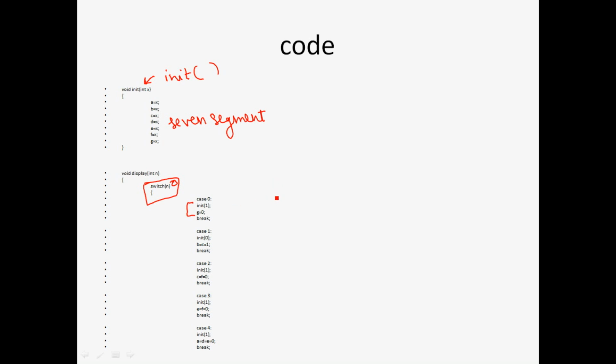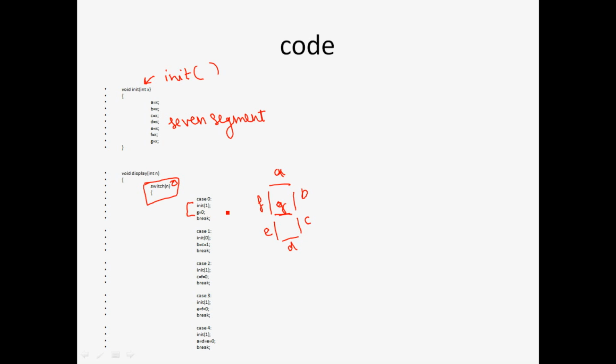So init 1 means, suppose this is a 7 segment LED, A, B, C, D, E, F and G. Init 1 means all of A to G is given 1, except G, which is given 0.